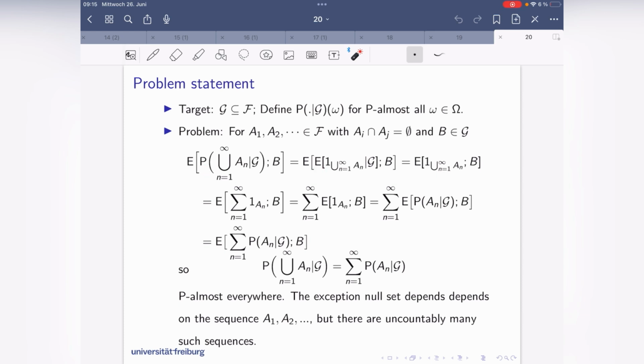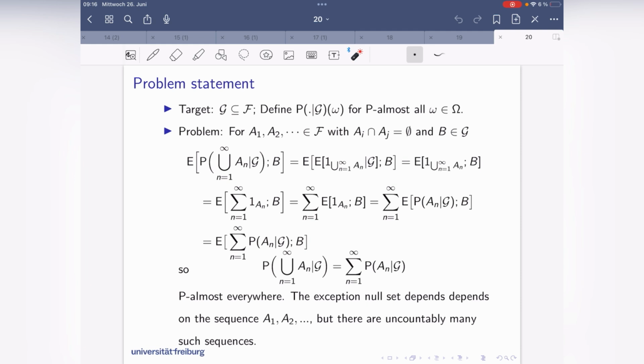Because of the defining equation for the conditional expectation, you can write this as this here. Because they're disjoint, the indicator of a union is the sum of the indicators. The indicator I can pull out of the expectation.